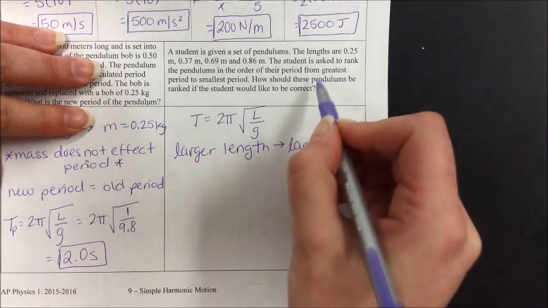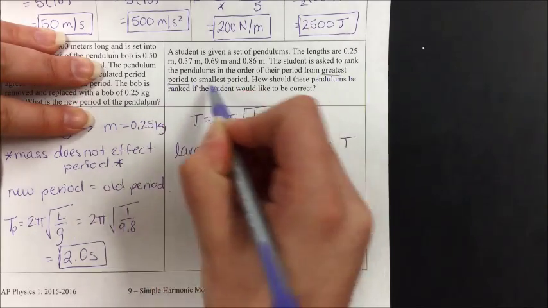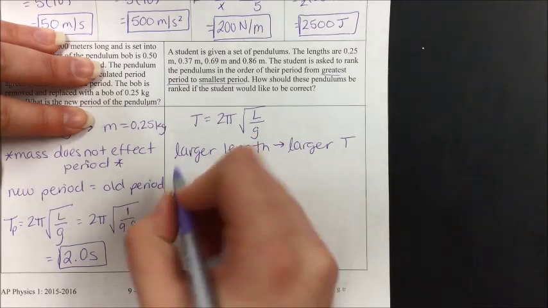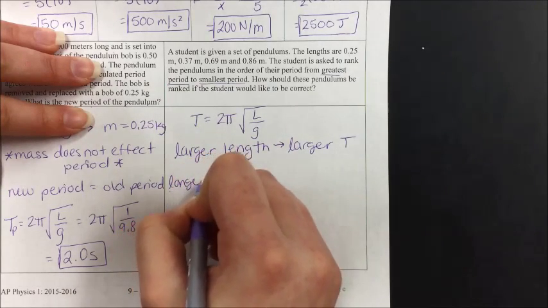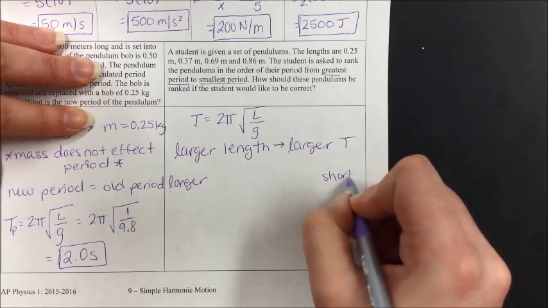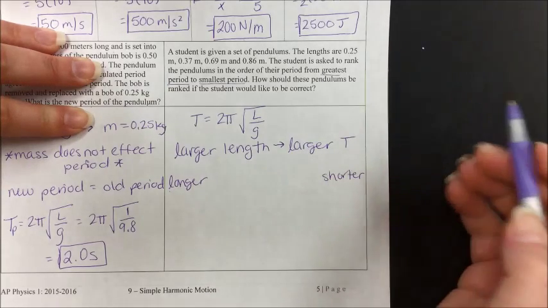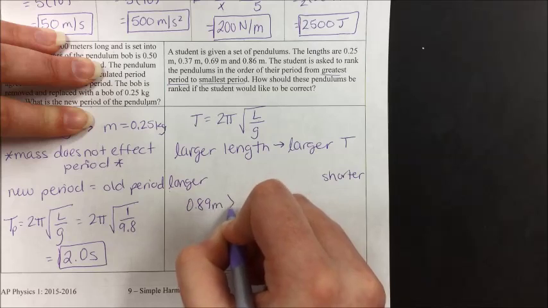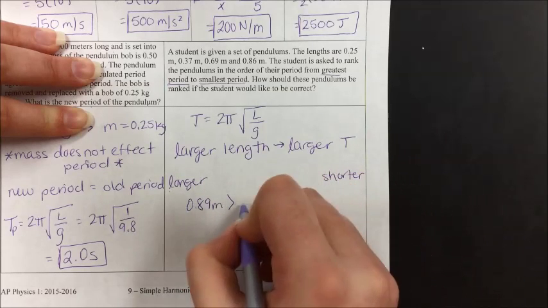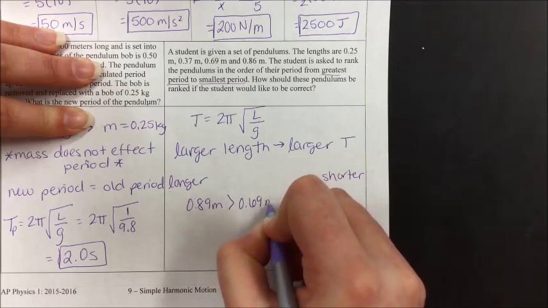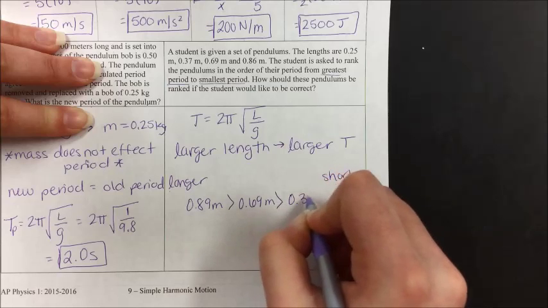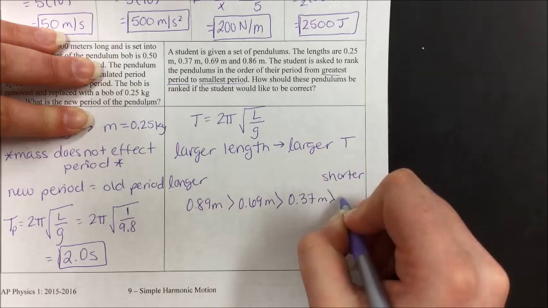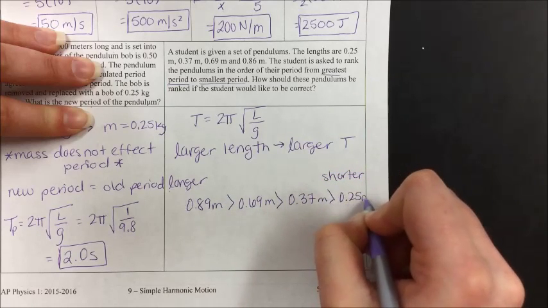So, if we want to rank them from greatest period to smallest period, we're going to do the longer one first and the shorter one last. So the longest measurement was 0.89 meters. The next one was 0.69, then 0.37, then 0.25.